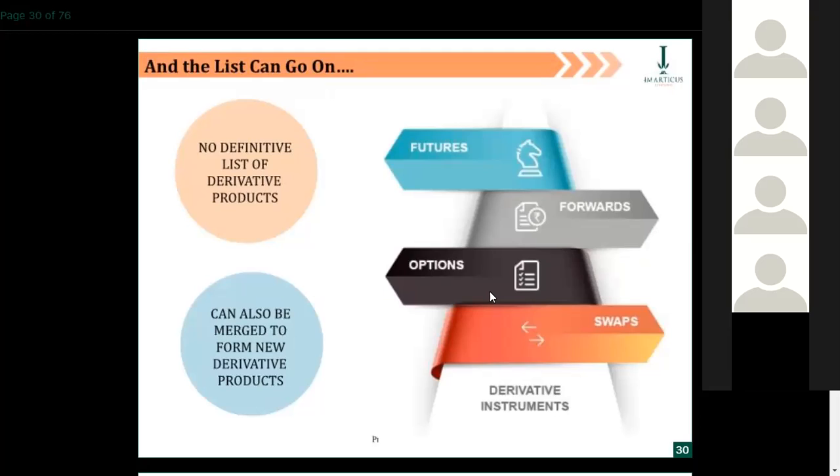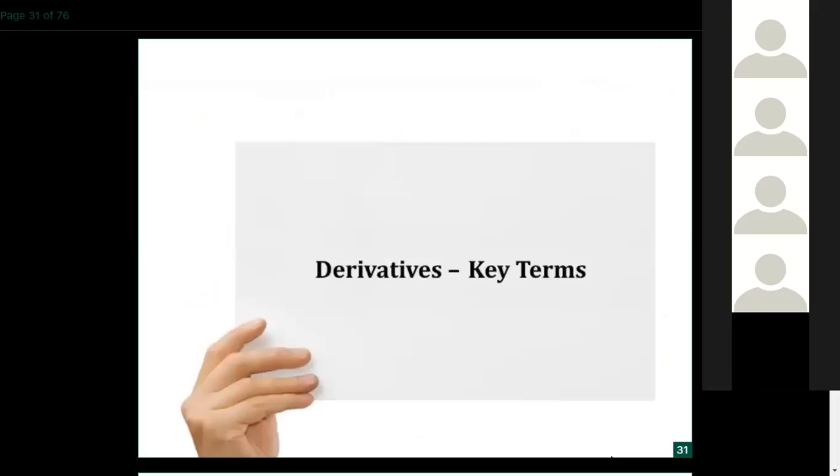These are the four derivatives: futures, forwards, options, and swaps. There is no definitive list; derivative products can also be merged to form new derivative products. As I said, there could be many permutations and combinations of derivative contracts using these four, so there can be multiple different kinds of derivative contracts.